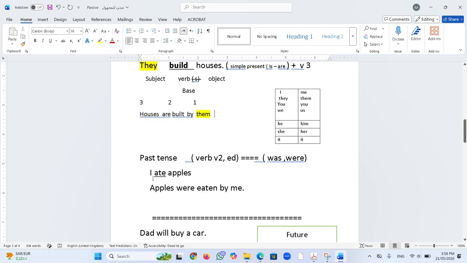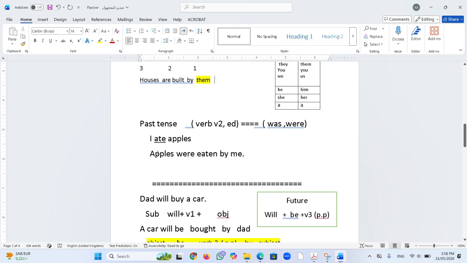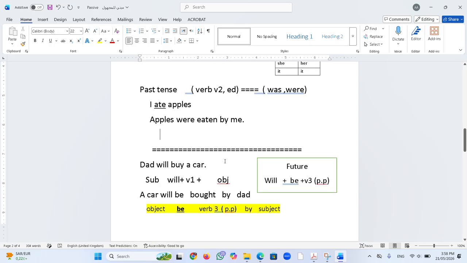Clear? Okay. Now, we will talk about the verb when it is in the past. When the verb is verb 2, we take the helping verbs, the verbs to be in the past, was or were, as the plural object or the singular object. Take the best one. Clear? Okay.